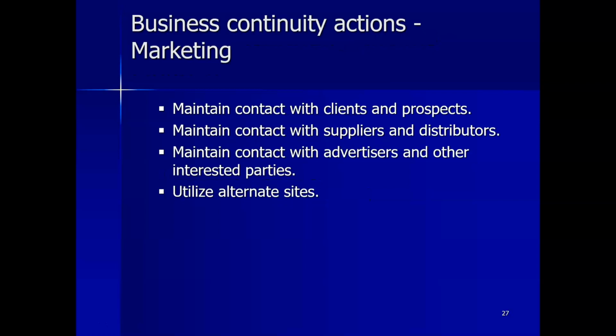For business continuity actions relevant to the marketing department, we have maintain contact with clients and prospects, maintain contact with suppliers and distributors, maintain contact with advertisers and other interested parties, and then utilize alternate sites.